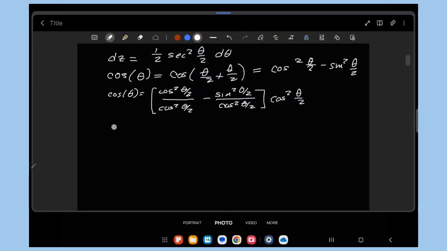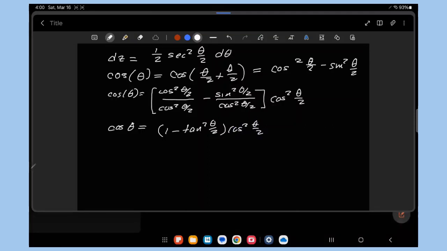So the cosine of theta is equal to 1 minus the tangent squared of theta over 2 times the cosine squared of theta over 2.